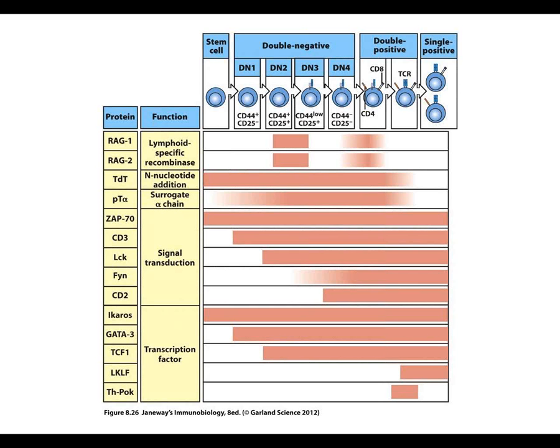I do think this is good, though. Something to know for your test. ROR gamma tau induction. Yeah, ROR gamma tau is TH17.